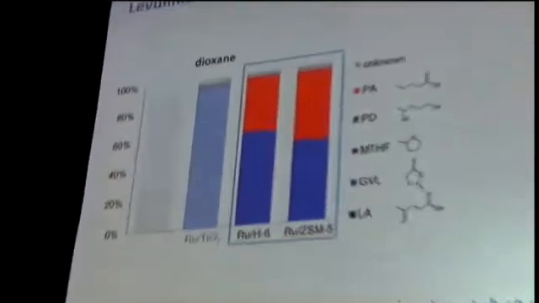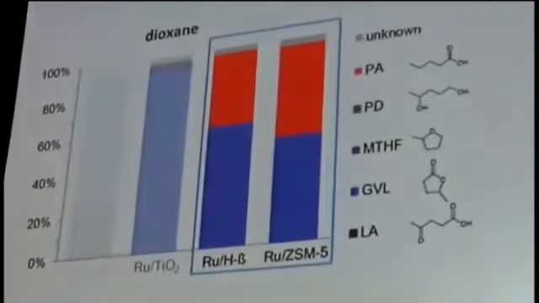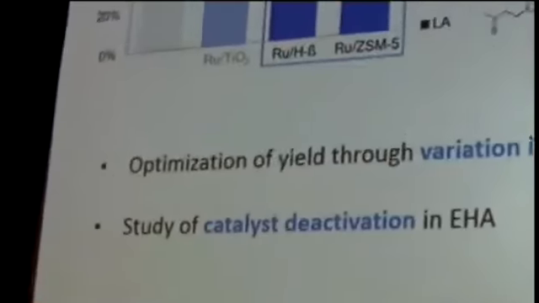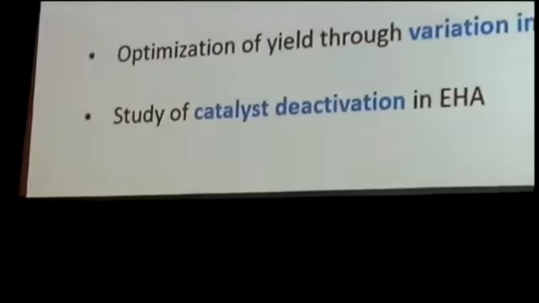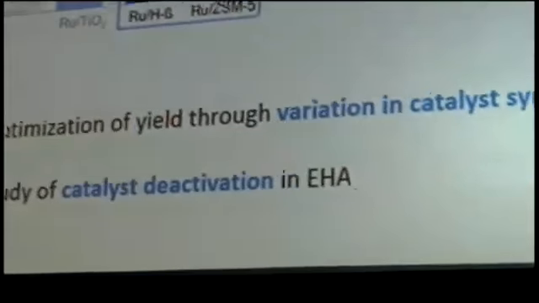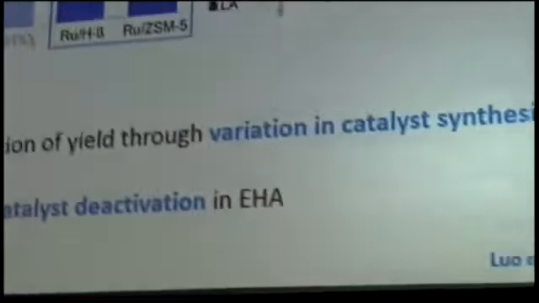And as always, we are very interested in catalyst deactivation, and we exposed these ruthenium zeolite catalysts to our most stringent conditions. We actually run them in ethyl-hexanoic acid, and we wanted to see what would happen under these conditions. I will very shortly touch upon the deactivation before I go to the optimization of the catalyst.